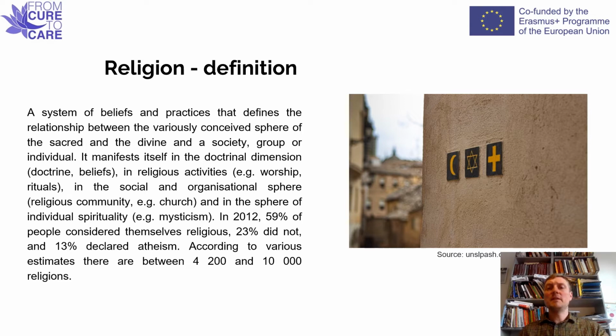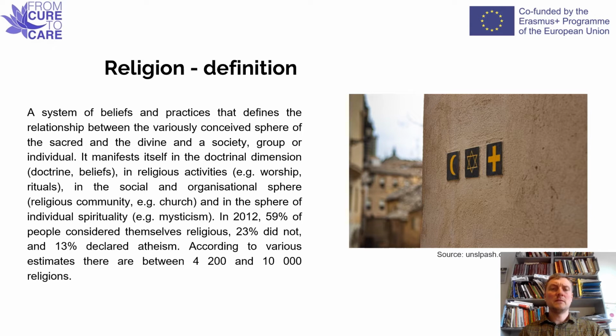So religion manifests itself in the doctrinal dimension, such as doctrine and beliefs, in religious activities such as worship and rituals, and in the social and organizational sphere, such as religious communities, but is also present in the sphere of individual spirituality. In 2012, 59% of people considered themselves religious, 23% did not, and 13% declared atheism.